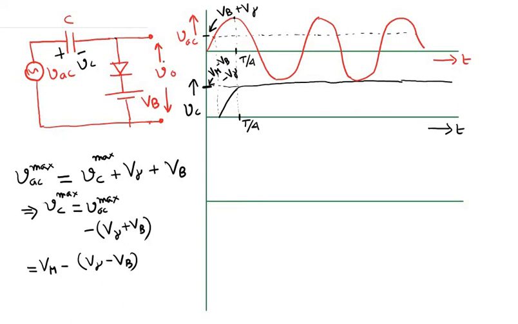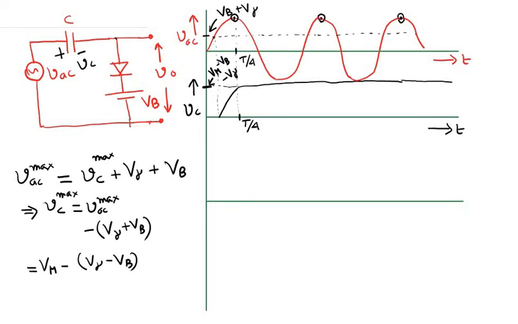Once this capacitor is charged to its maximum voltage, this diode remains reverse biased, or in a non-conducting state, for most of the time, and only when the input voltage reaches its maximum value, at this point, does the diode become conducting for a very brief duration. Only at the maximum points of the input voltage does the diode conduct, for a very brief duration.